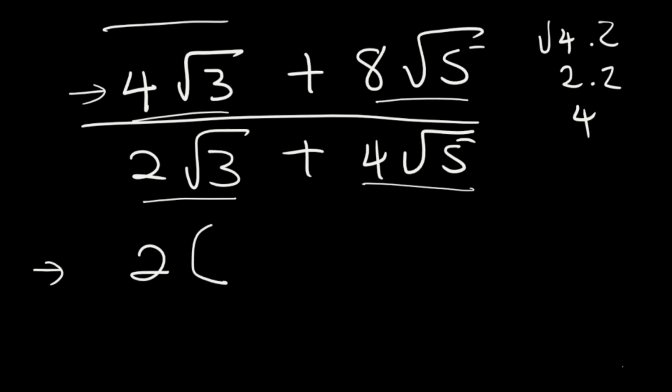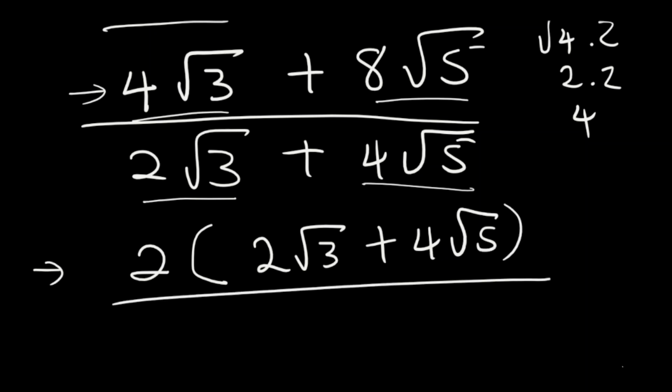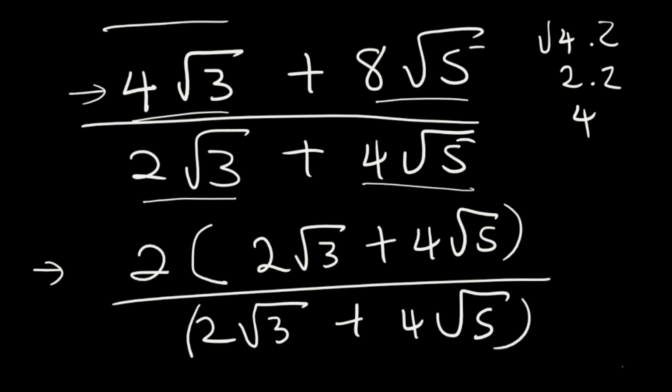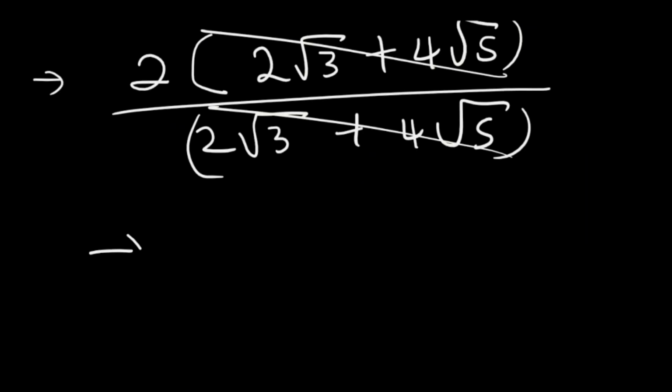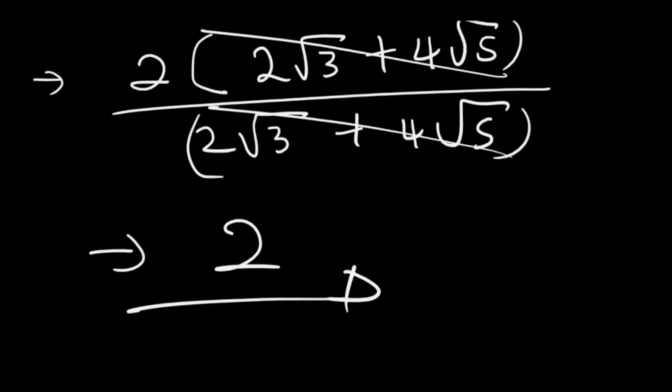Factor out 2, the remaining 2 root of 3 plus 4 root of 5, right? Divided by 2 root of 3 plus 4 root of 5. So now these look the same, they divide out, then your final answer is 2. So final answer would be 2. So that's how you solve this problem here.